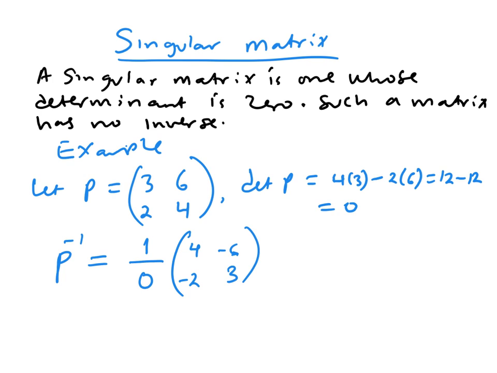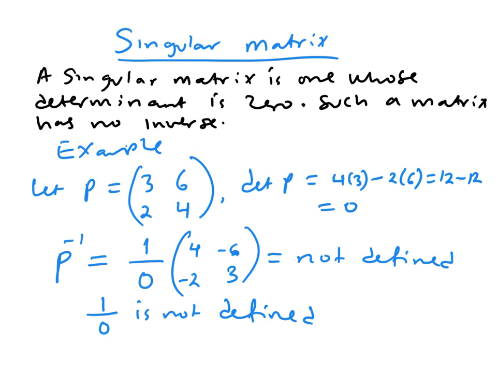Now, if you look at this, this is not defined. The reason is 1 over 0 is not defined. We say it is infinity.